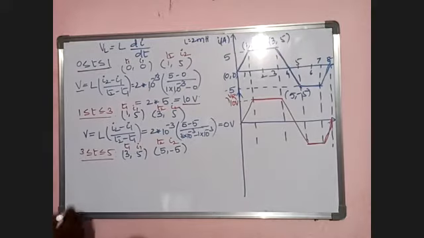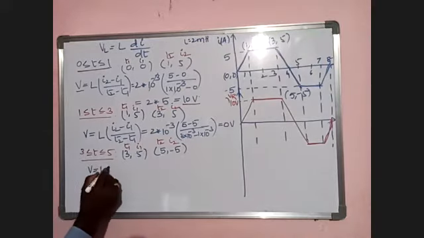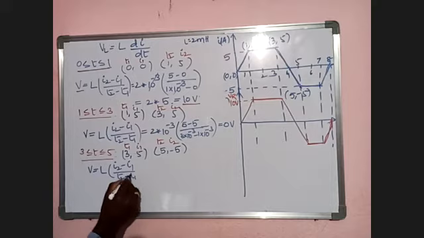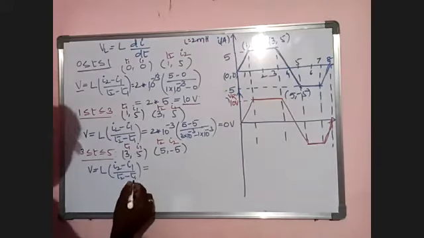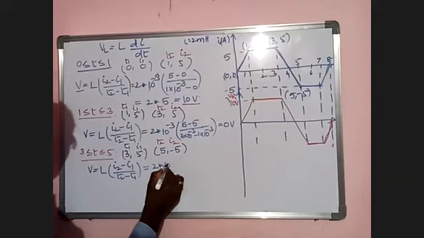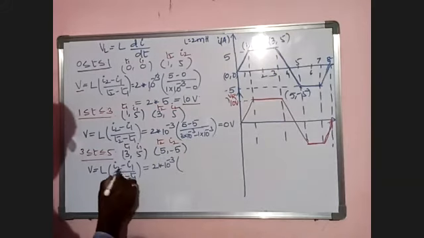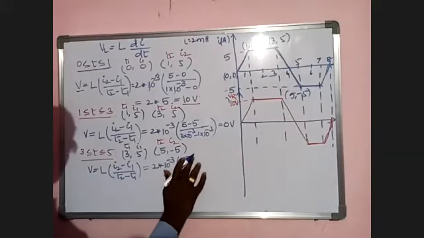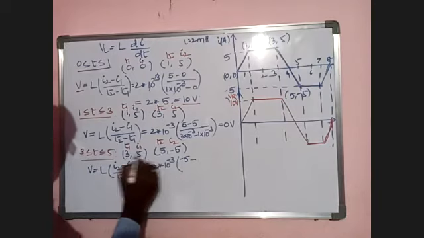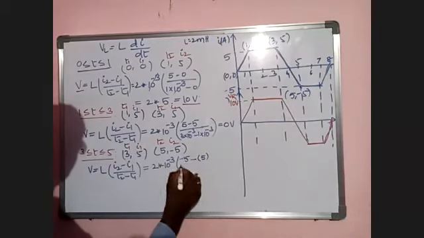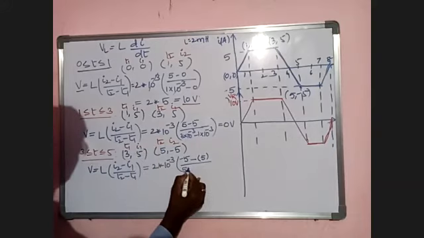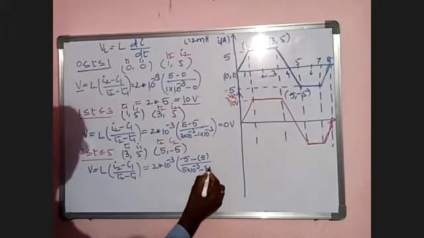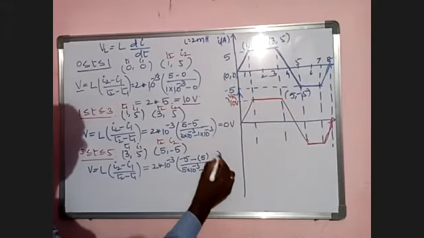Then V is equal to L into (I2 minus I1) by (T2 minus T1). What is L? 2 into 10 to the power of minus 3 into (minus 5 minus 5) by (5 into 10 to the power of minus 3 minus 3 into 10 to the power of minus 3).